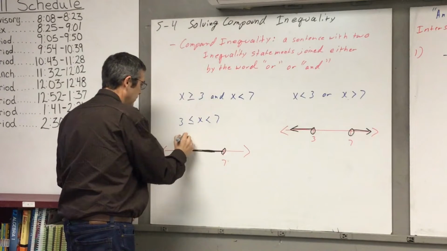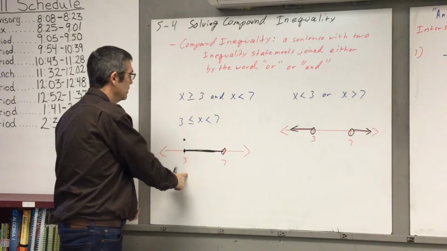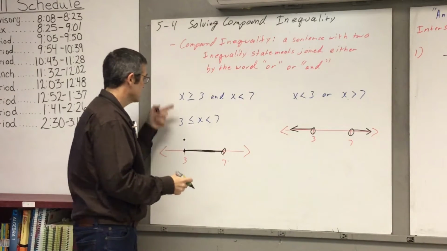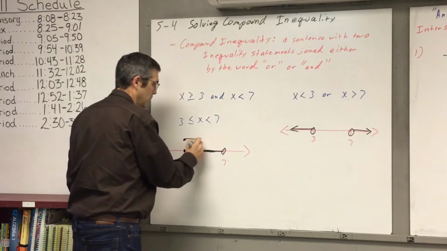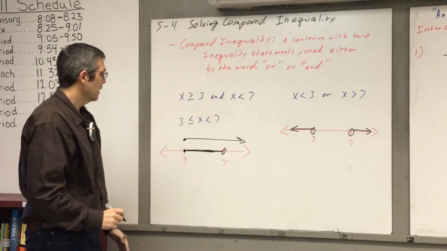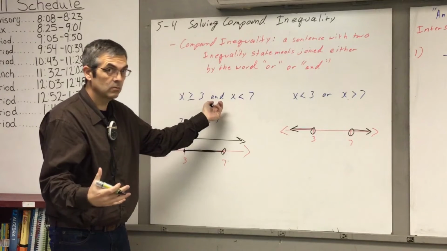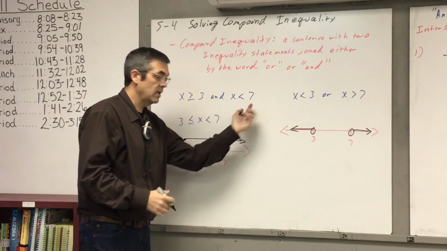Okay, so the first one right here is at the 3, and it includes it, so I close in the dot. It says x is greater than or equal to 3, so everything on here. Then they come back over here and they say "and," so it has to have this other one also: x is less than 7.